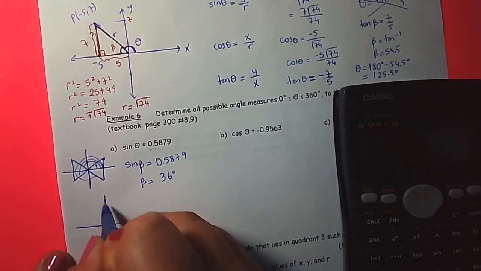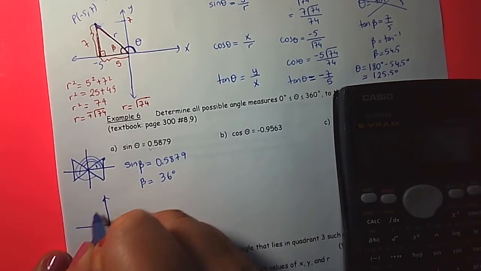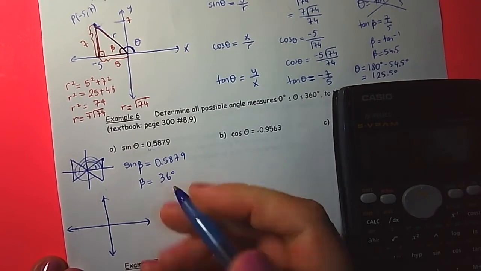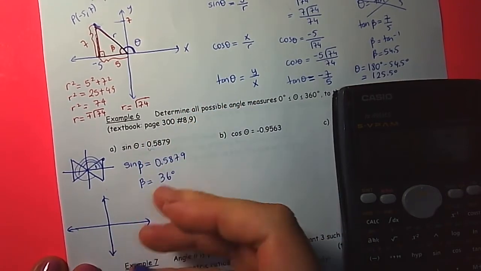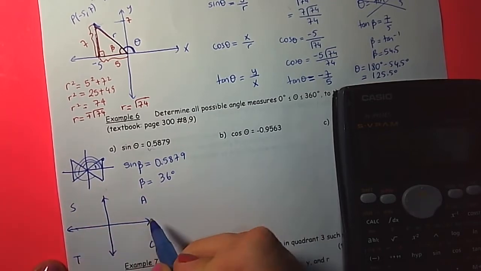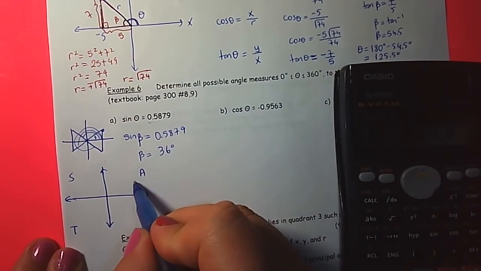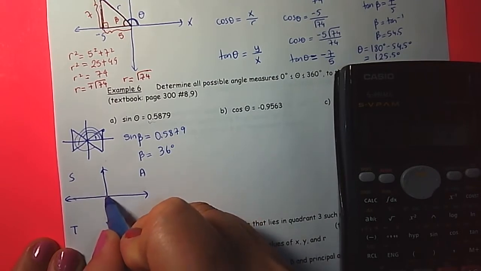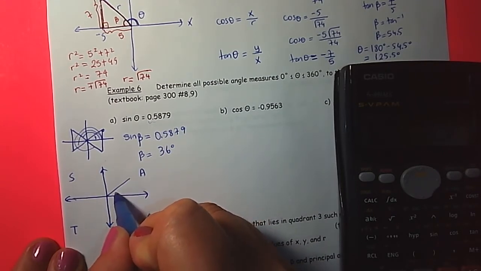Then we can use CAST to know which angles will have positive sine, in which quadrants. Looking at the CAST, we know that sine is positive in the first quadrant and in the second quadrant. So I have 2 possible answers here.